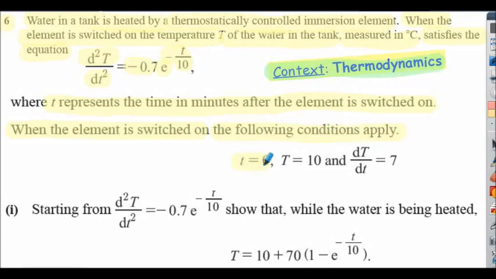At time t equal to 0, the temperature is equal to 10 degrees C, and the rate of change of temperature with time is equal to 7 degrees C per second.